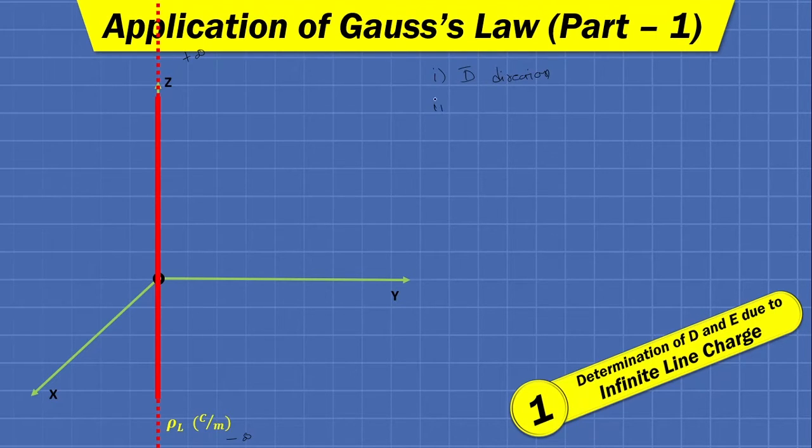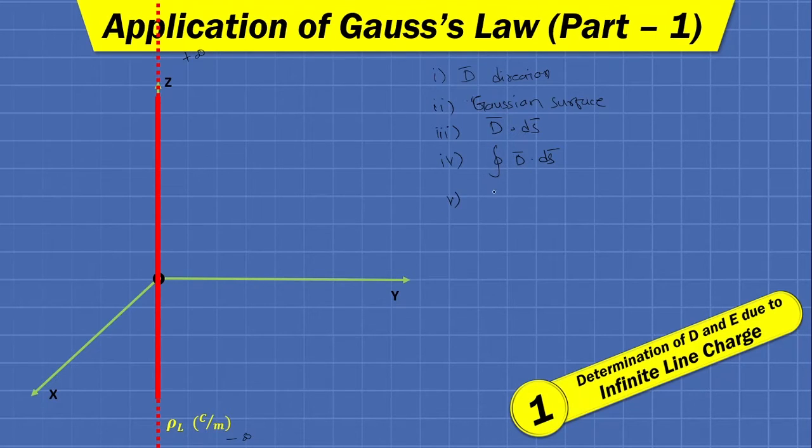The second step will be to determine the Gaussian surface. The third step is to take the dot product. The fourth step is to close the integration of this dot product. See here, D bar is unknown till this day.